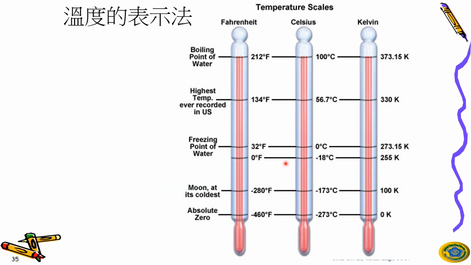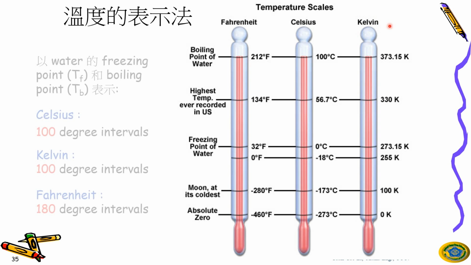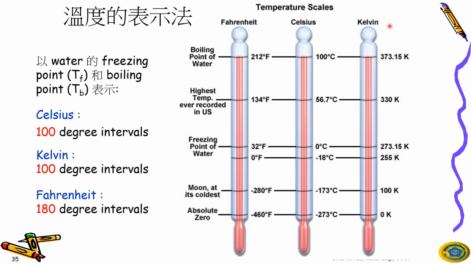Anyway, how do you represent temperature? We use Celsius, right? But in the United States, they don't use Celsius, they use Fahrenheit. And for scientists, they use Kelvin. This is a more scientific way to address temperature.